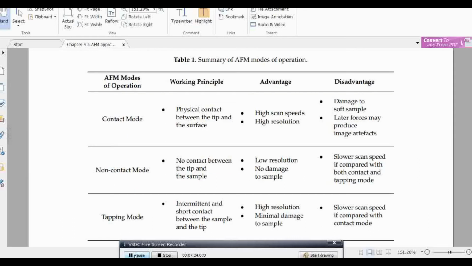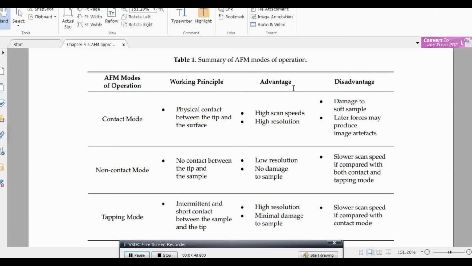To summarize the AFM modes of operation, this is the table of modes of operation that you can digest for the system. It starts with the modes of operation, working principle, advantage and disadvantage.